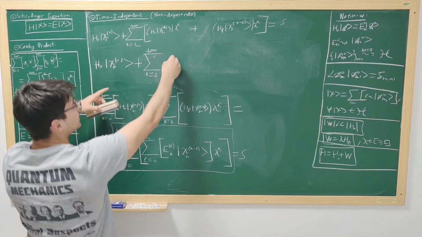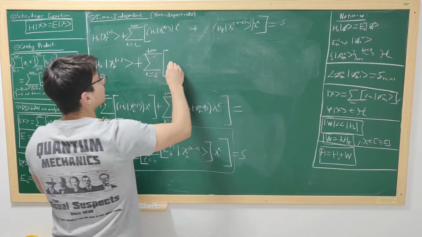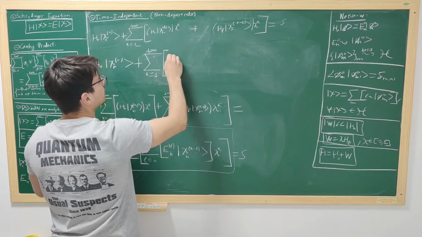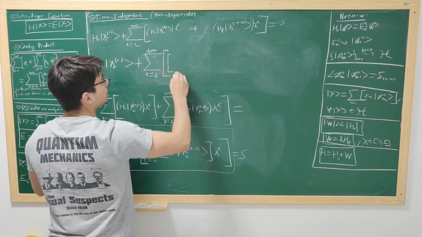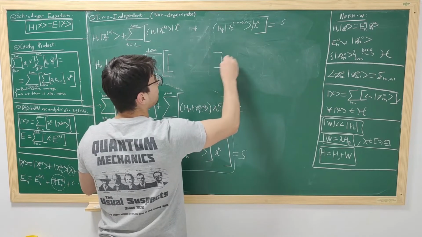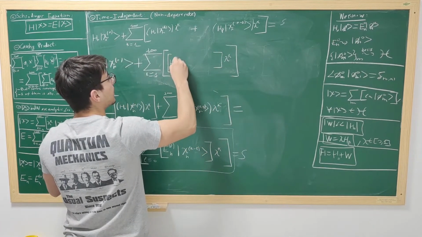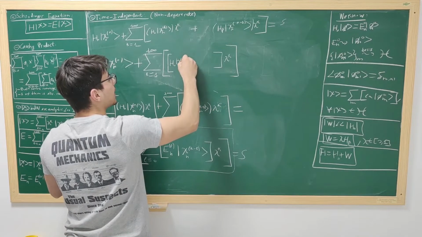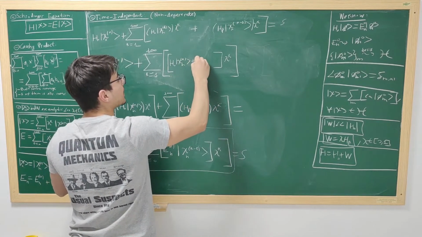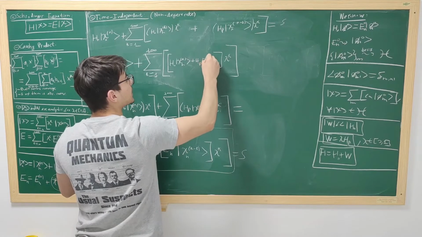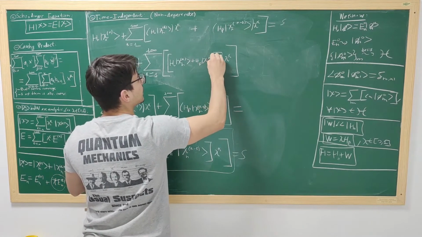So I'm just writing this right here. Factoring out this lambda k, we get h naught lambda k n plus hp psi k minus 1.